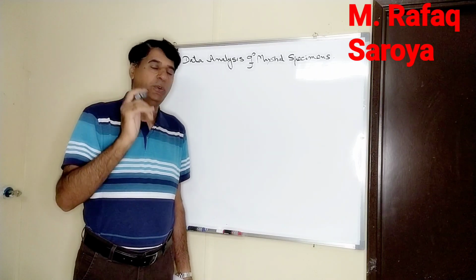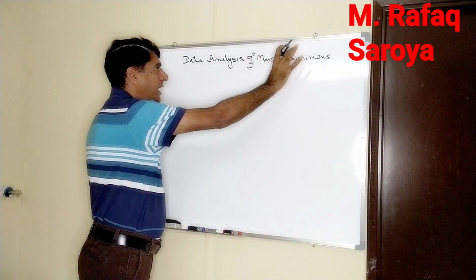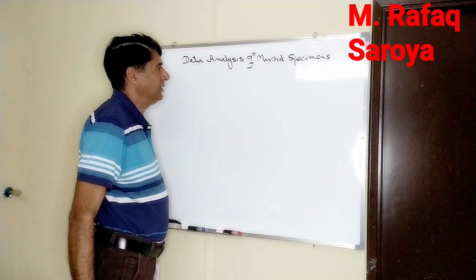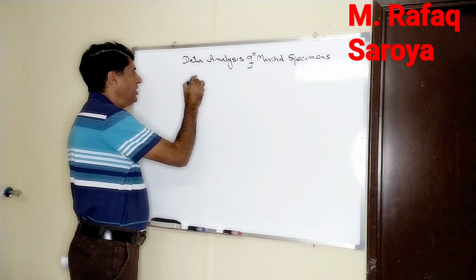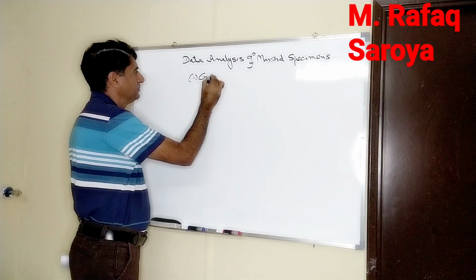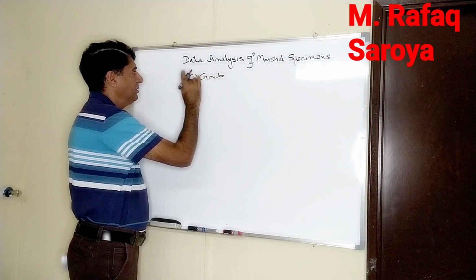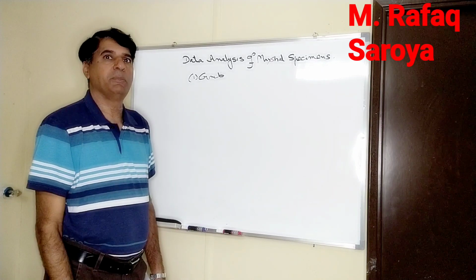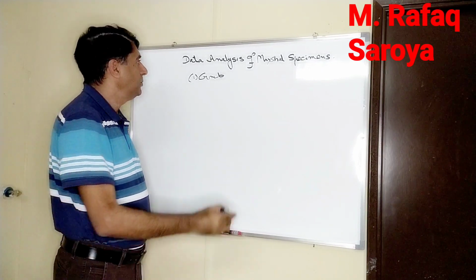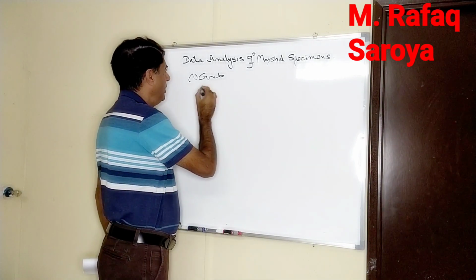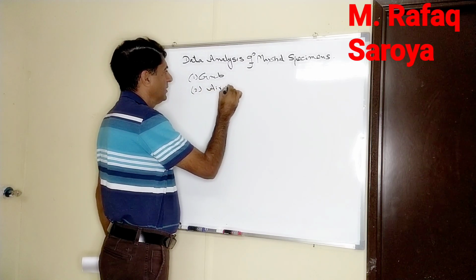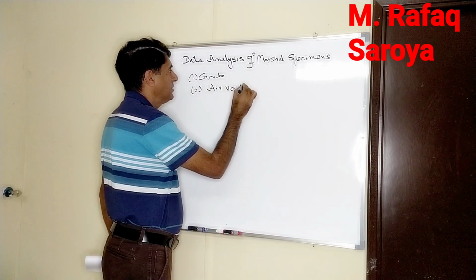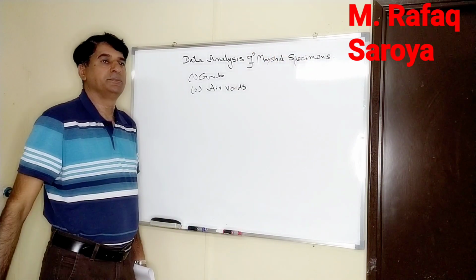Now, first of all, I would like to tell you, when we have prepared the Marshall specimen, with these specimens we are going to determine GMB, the bulk specific gravity of the Marshall specimen. We are going to determine air voids which are in this Marshall specimen.